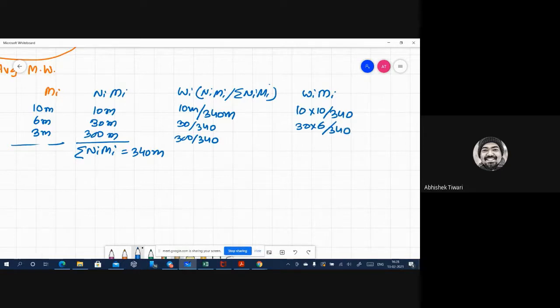And then 3, there will be an m here. And then 3m into 300 divided by 340. So this is my WiMi, the weight contribution from each chain, and then I can take the weight average molecular weight of the system as summation of WiMi divided by Wi.